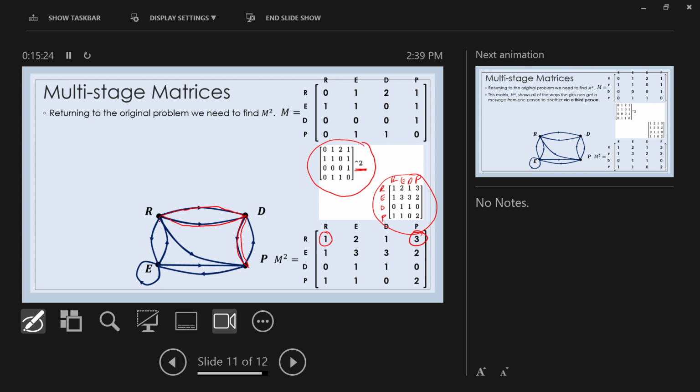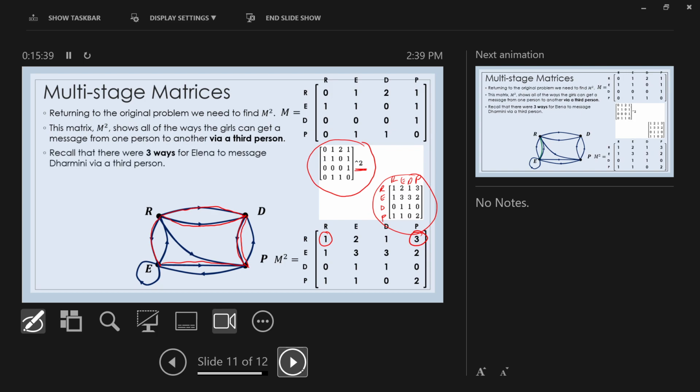And the third way would be going down to E and then across to P. There are 3 ways of doing that, hence we have the number 3. So in other words, you're going through a third person. That is a 2-step. All right, etc. I've just spoken about that one right there. That's visible within matrix M squared, so on and so forth.